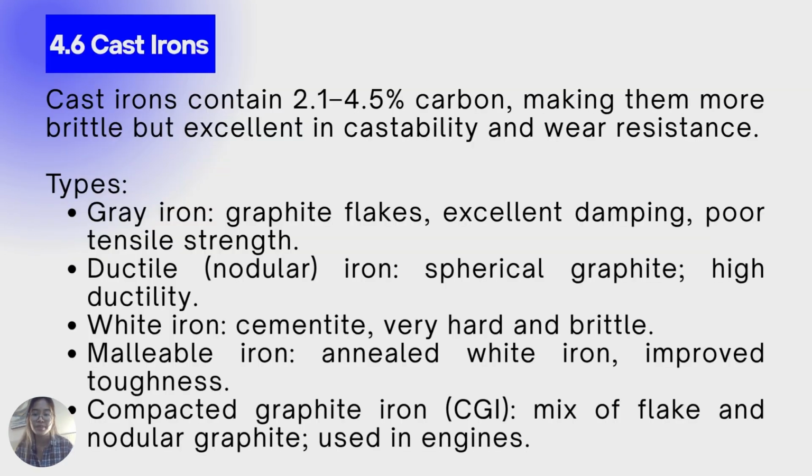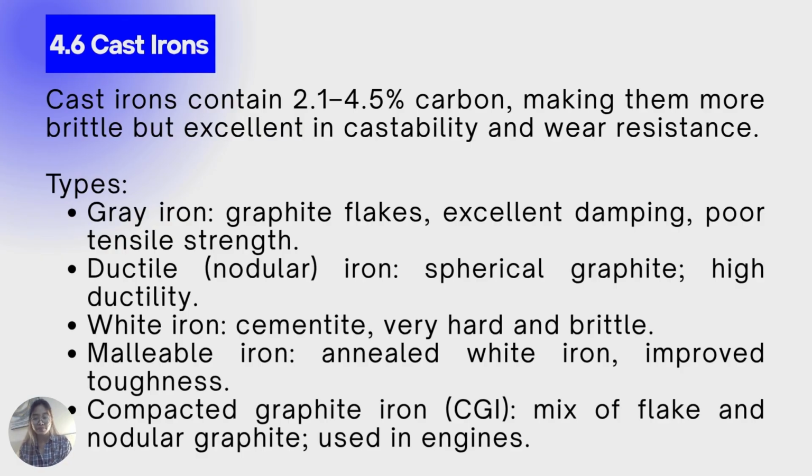Cast irons, typically containing 2.1 to 4.5% carbon, are known for their excellent castability and vibration damping. The form of carbon, graphite or cementite, defines the iron's type and properties. Gray iron contains graphite flakes, providing good machinability but low tensile strength.